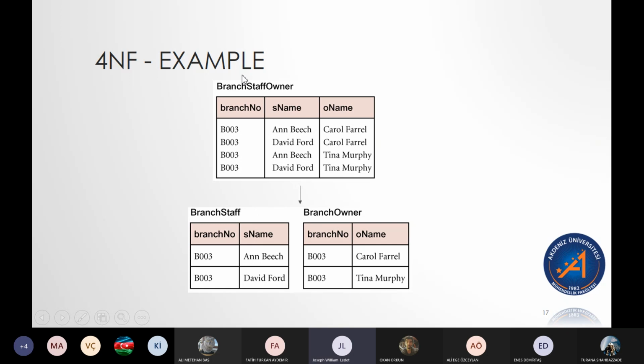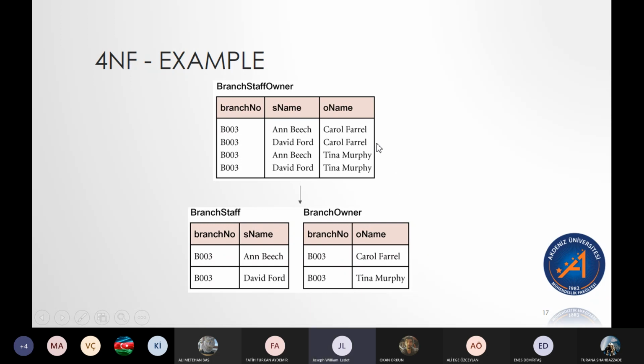And so the way that we resolve this problem has to do with taking each unique value from the staff name and making its own staff table. So now we have a branch staff table, so staff working at a particular branch. And we also have an owner table.